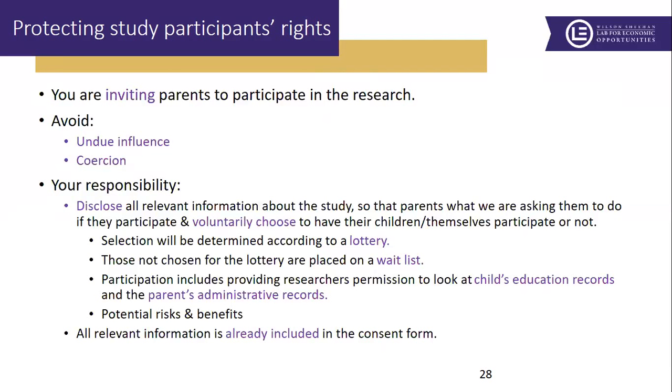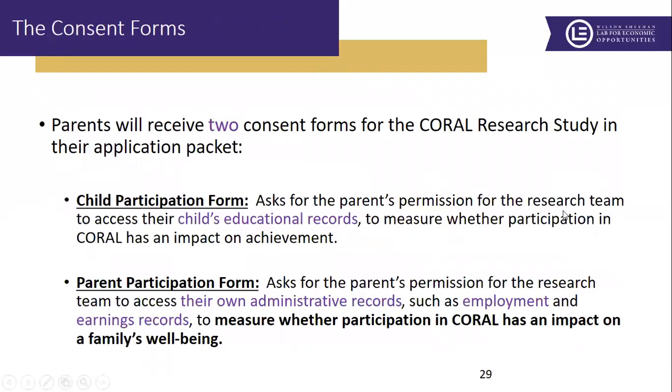And participation just includes providing us with permission to look at your child's education records and your administrative records. And then you'll also want to convey to them the potential risk and the potential benefits to participating in the program. And all of this information is on the consent form, so they will have access to it.